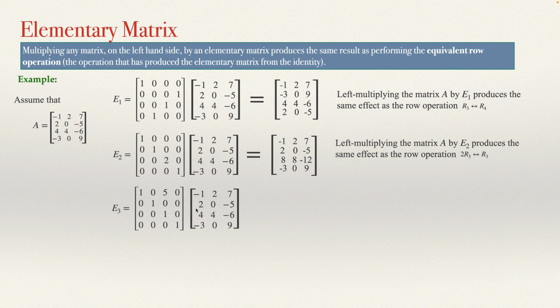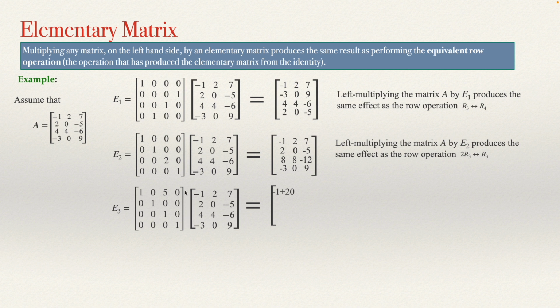This 0 multiplied by this 2 will be 0. This 5 multiplied by this 4. So it will be negative 1 plus 5 times 4, so plus 20. So it will be minus 1 plus 20.